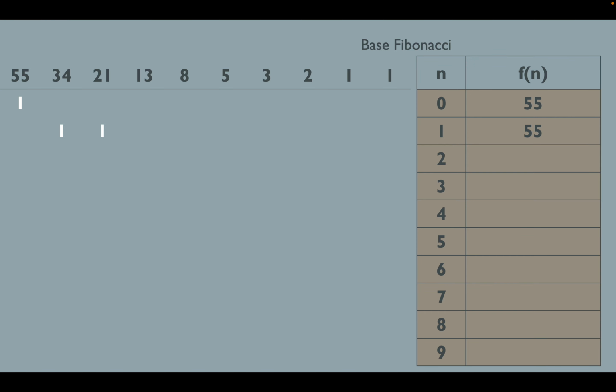Now 34 is equal to 21 and 13, and then 21 is equal to 13 and 8. So you get this 1, 2, 1, and I have the sum there to show that's 55. And then it continues on, and you'll notice that you get Pascal's triangle again. I also highlighted the last term, the ones, so the right side of the triangle, and we notice that it drifts forward for every row by two digits.